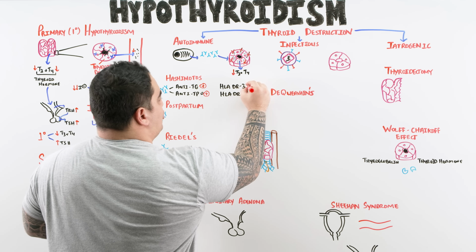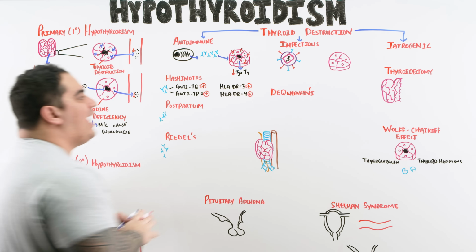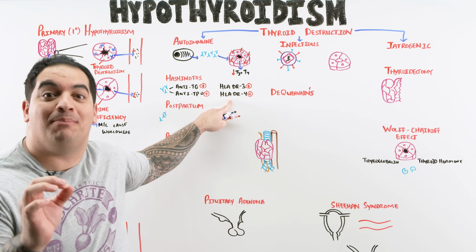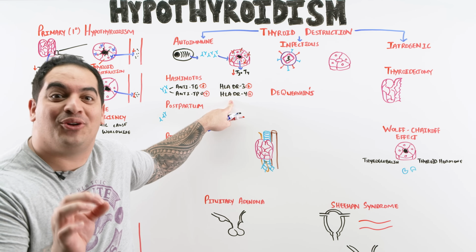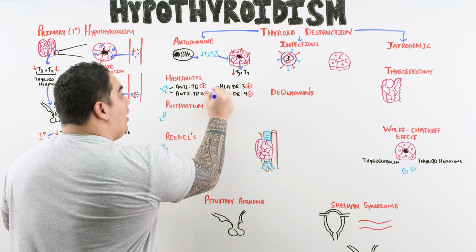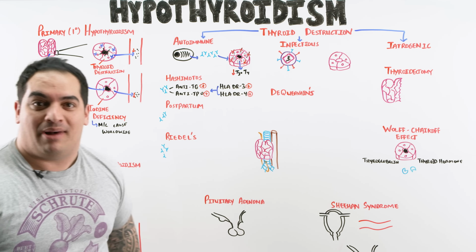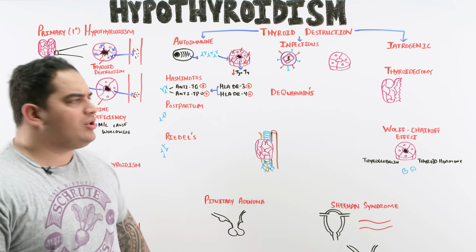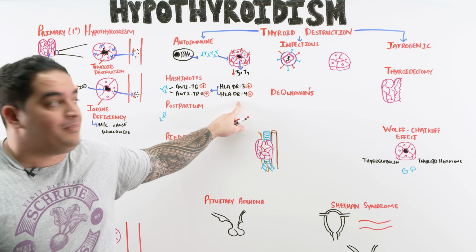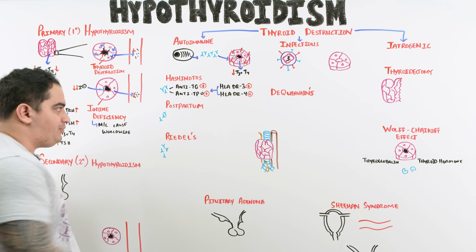Now, this is not something that you test for. What happens is that these mutations lead to alterations in immune function, and the alterations in the immune function is what leads to the undesirable production of these antibodies against our own tissues. Usually these patients will also have diabetes and maybe other types of disorders as well. So that's one big thing.